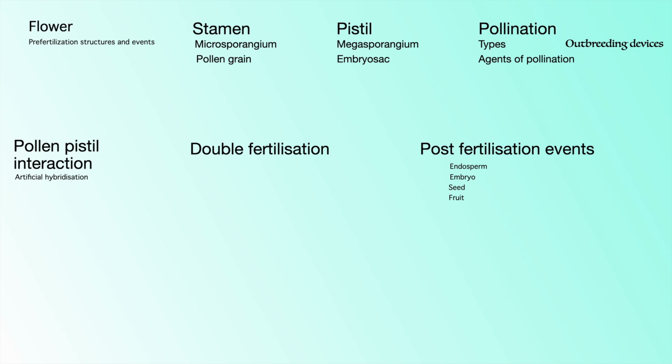It is triploid because we know that it has triploid chromosomes. And these cells are filled with food materials. Why? Because they have to provide nutrition to the embryo.